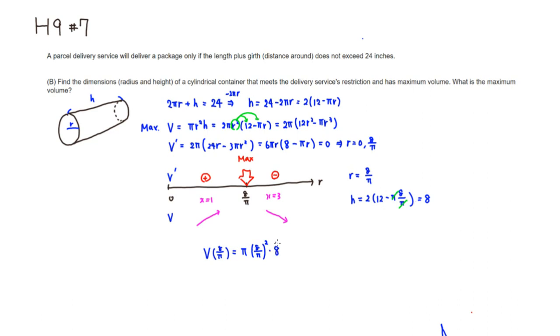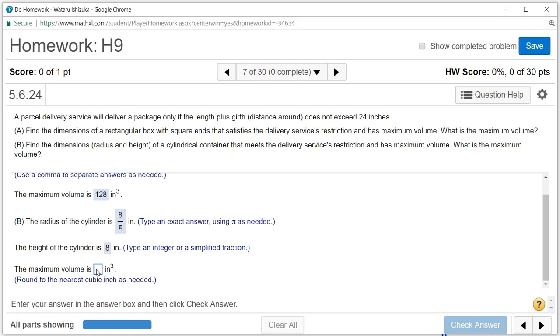One of the pi cancels out, but there's another pi there, so it's 8 squared times 8 over pi. 8 times 8 is 64, and times 8 is 512, so it's 512 over pi.